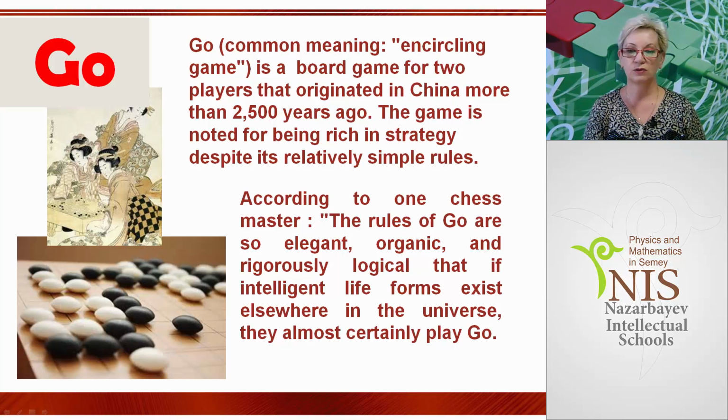The game is noted for being rich in strategy, despite its relatively simple rules. According to one chess master, he said, "The rules of Go are so elegant, organic, and rigorously logical that if intelligent life forms exist elsewhere in the universe, they almost certainly play Go."